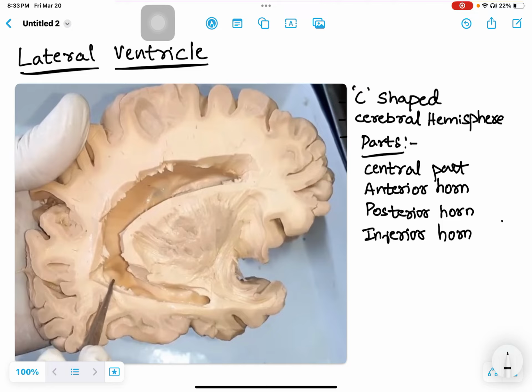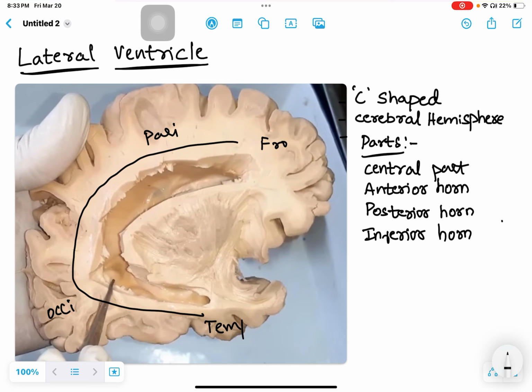So we have two lateral ventricles, one in each cerebral hemisphere, and it is in the form of a C. You can see this C shape, and it extends from the frontal lobe to the parietal lobe to the occipital lobe and also to the temporal lobe. So this is present around the diencephalon. This is the position of the diencephalon, where the thalamus and its associated structures are present.